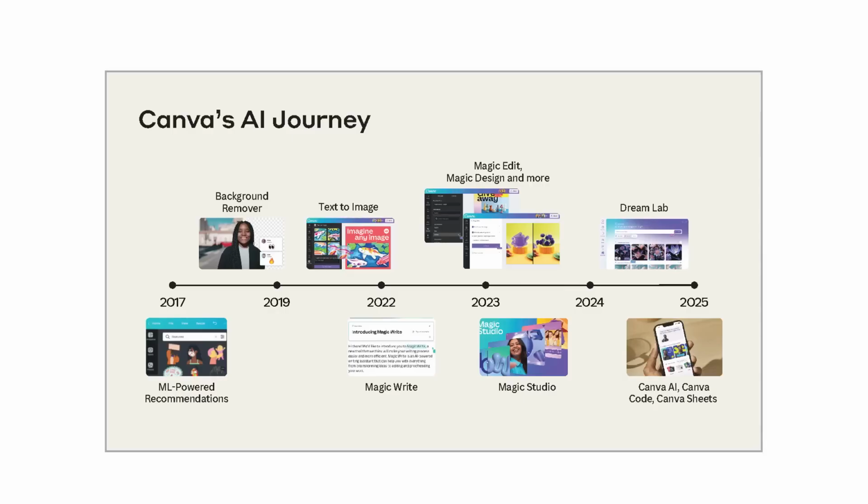And just a bit of a short timeline of our AI journey. We started in 2017 using machine learning for search rankings and content recommendations, and that was already really cool. We launched Background Remover, which lets you take any image and use computer vision to remove the background from it, and that continues to be one of our most popular and highest revenue-driving features.